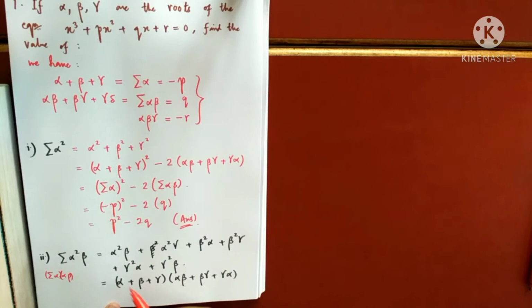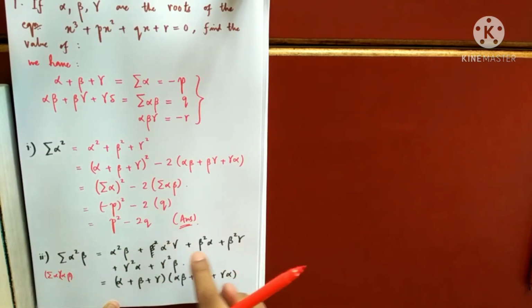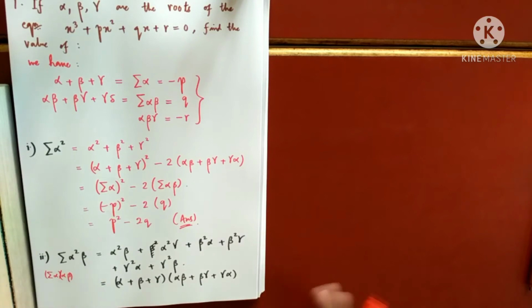If I multiply them, I needed 6 terms, but this will contain 3 threes are 9 terms. Keep that in mind. So try to understand which 3 terms are extra. If I multiply alpha by alpha beta, that gives alpha square beta, which is alright.